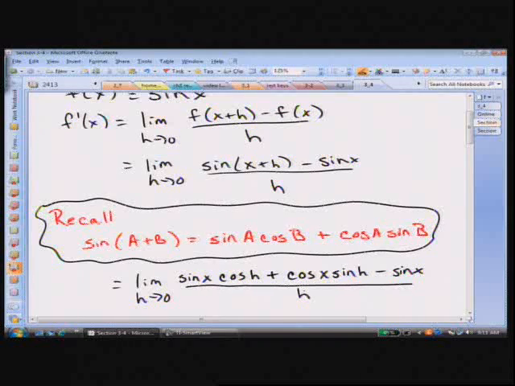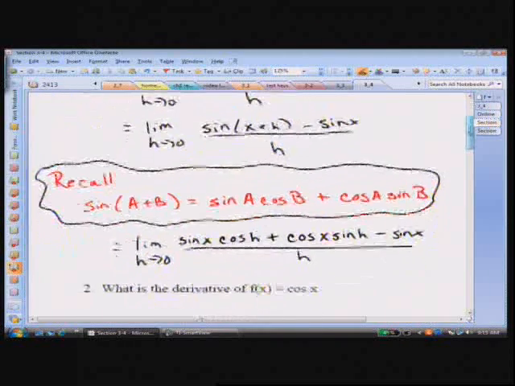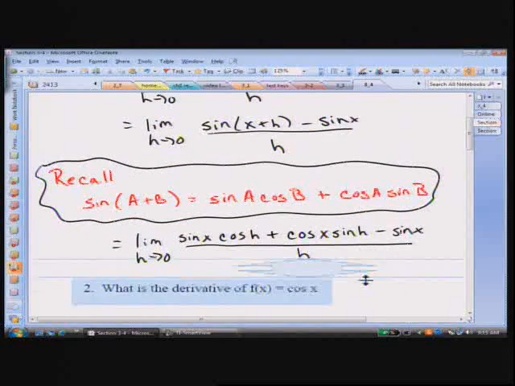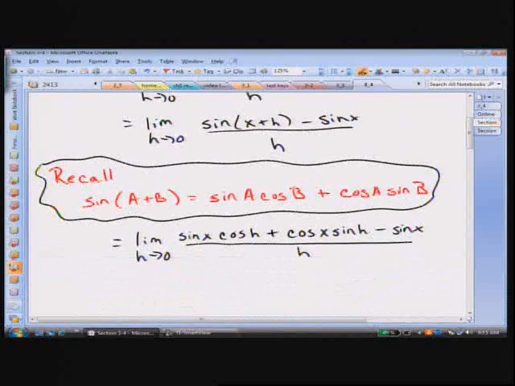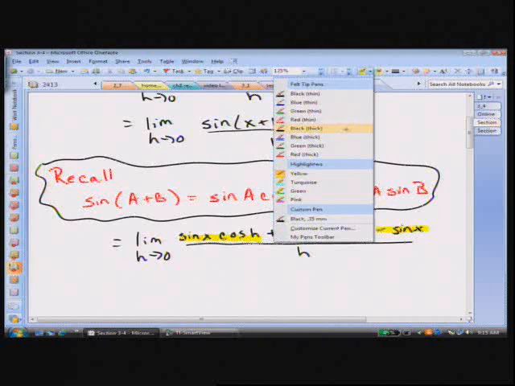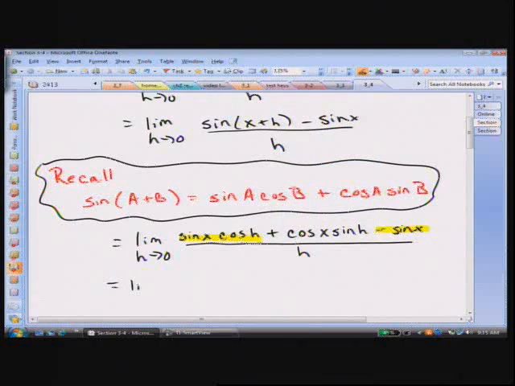Okay, and so now you're like, oh my God, what am I going to do? This still looks like a bunch of scary stuff. So how about, just for grins, I group the sine x's together. So I'm going to group this with this, right? That's allowed. So I'm going to write this as the limit as h goes to 0 of sine x cosine h.